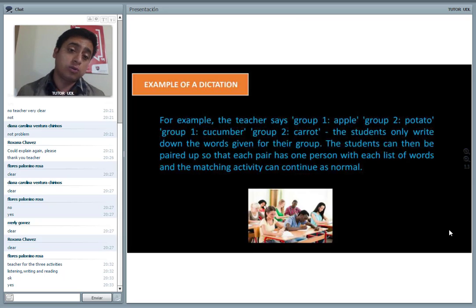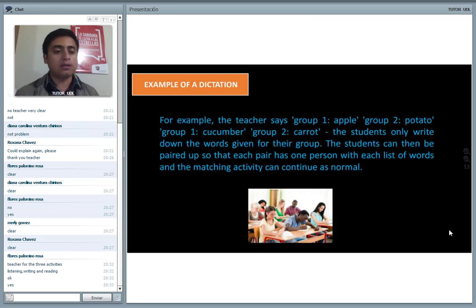One student is going to belong to group number 1, and the second student can belong to group number 2. So maybe you will say group number 1, and all the students who belong to group number 1 will start writing. When the teacher says group number 2, just the students who belong to group number 2 will write. You see?